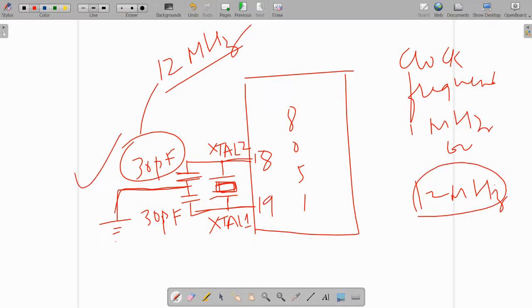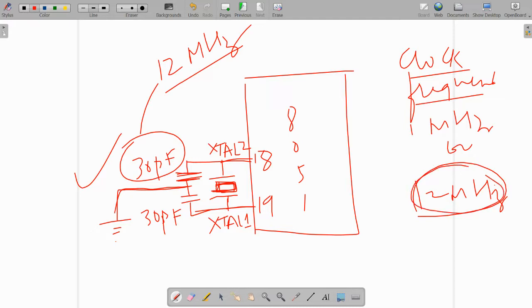You have to connect the quartz crystal of 12 megahertz with two 30 picofarad capacitors connected in this manner as shown in the figure, and pins 19 and 18 connected with the crystal oscillator in this manner. Then only your 8051 will have a clock frequency of 12 megahertz.